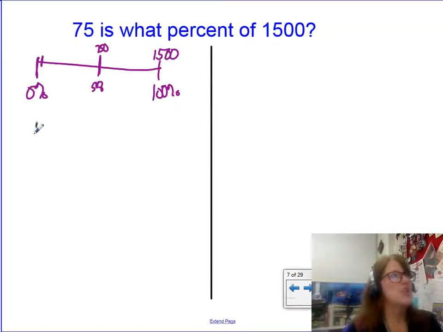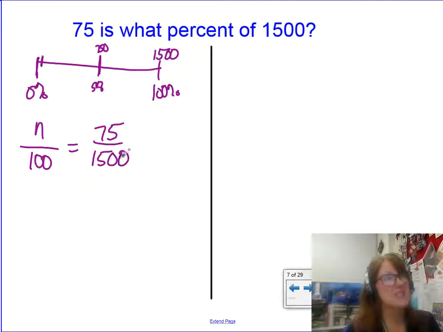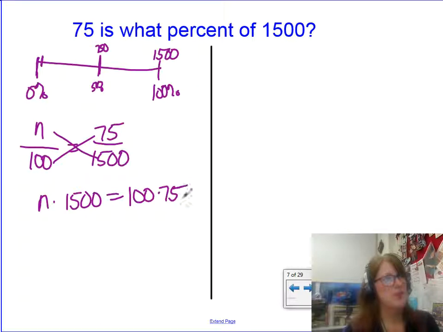I just know that I'm going to have some kind of percent equals 75 out of 1500. And then I'm going to have to cross multiply. N times 1500 equals 100 times 75.